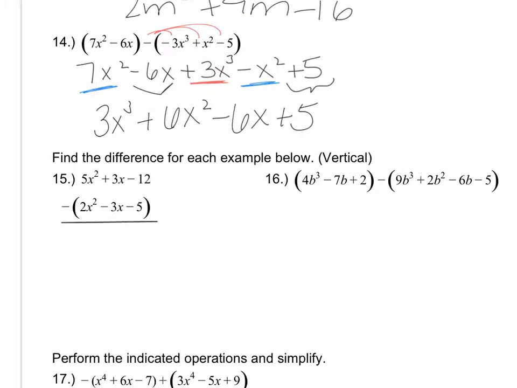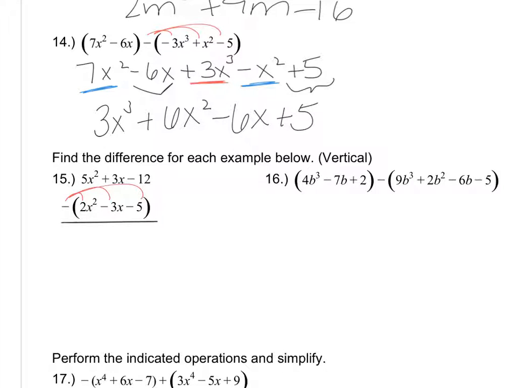Now again, the second option is to work on it vertically to kind of help you align things. But you have to remember that going up and down, you have to see like terms. Okay, so check that up and down you have like terms. Once I know that, I'm going to make sure that I distribute this negative. So it's changing the signs of everybody.